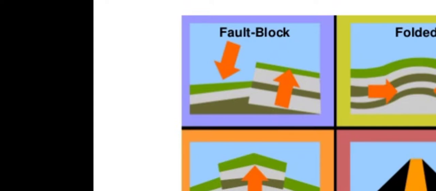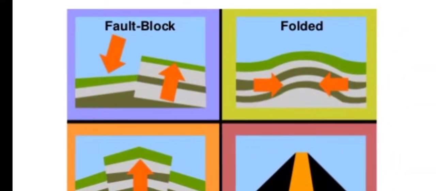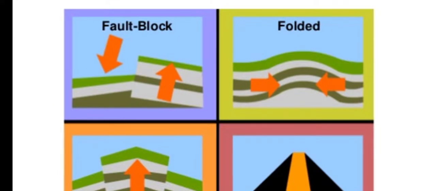If we talk about block mountains, we find the Vosges in Europe and the Rhine Valley in Europe as well. These are some of the block mountains. But if we talk about folded mountains, when two tectonic plates collide and the edges of these plates fold, they result in fold mountains.